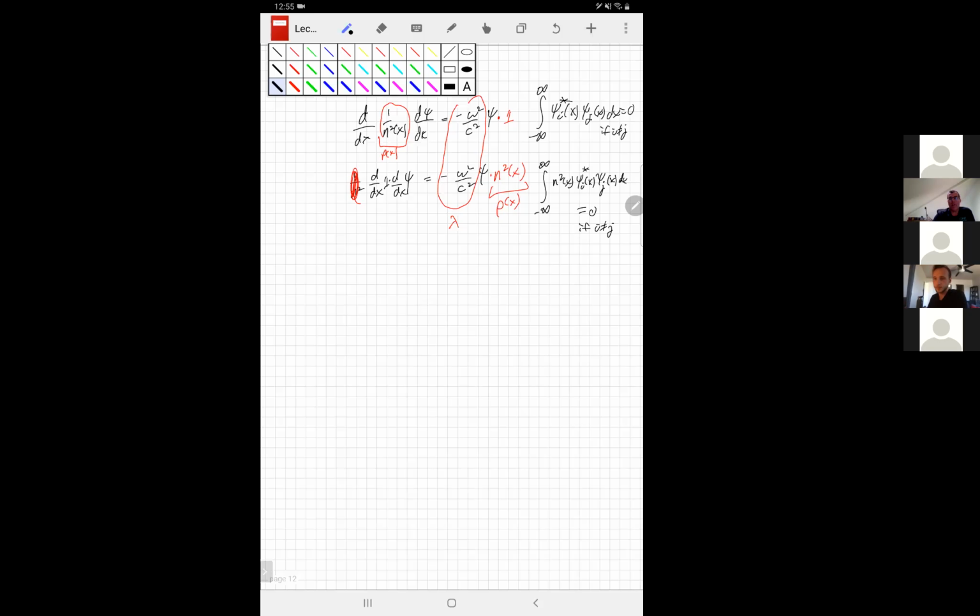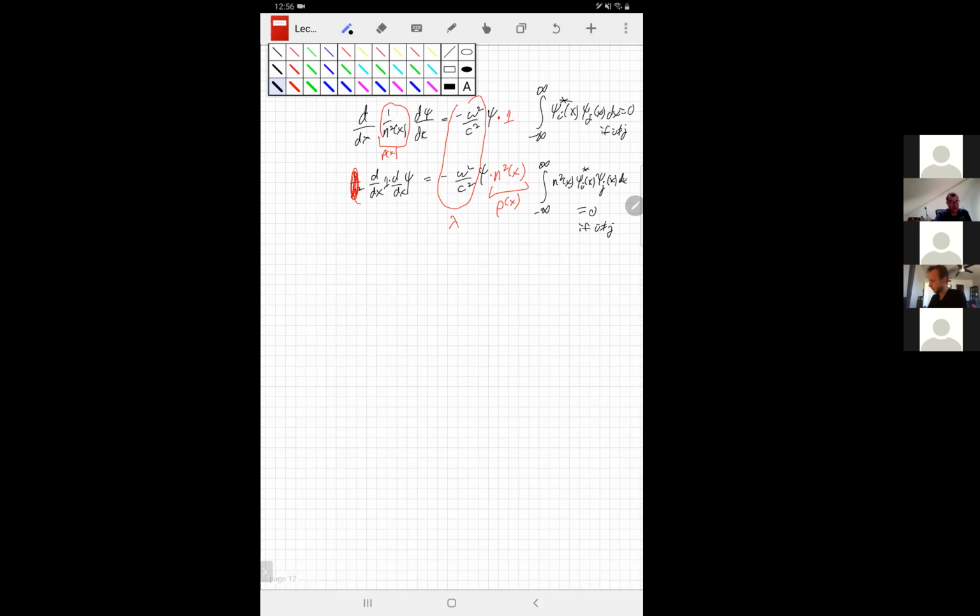And the derivative of the first derivative wouldn't be defined unless the first derivative was continuous. Now in the other equation, we don't have the second derivative on its own. We have the derivative of 1 over n squared times the first derivative. So again, in order for that first derivative to even make sense in there, psi has to be continuous.